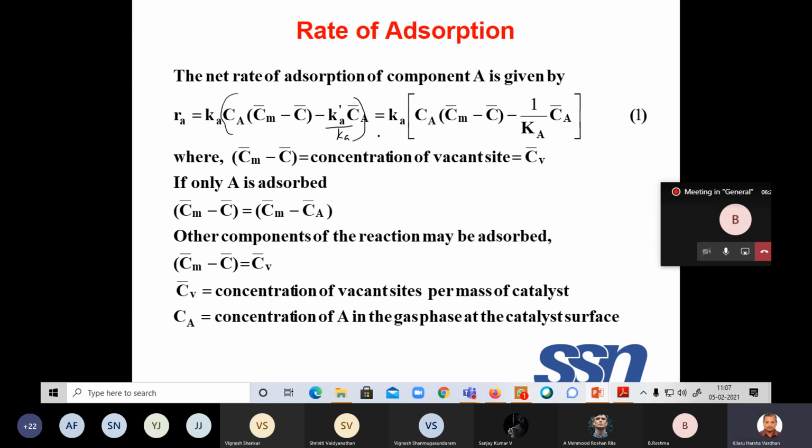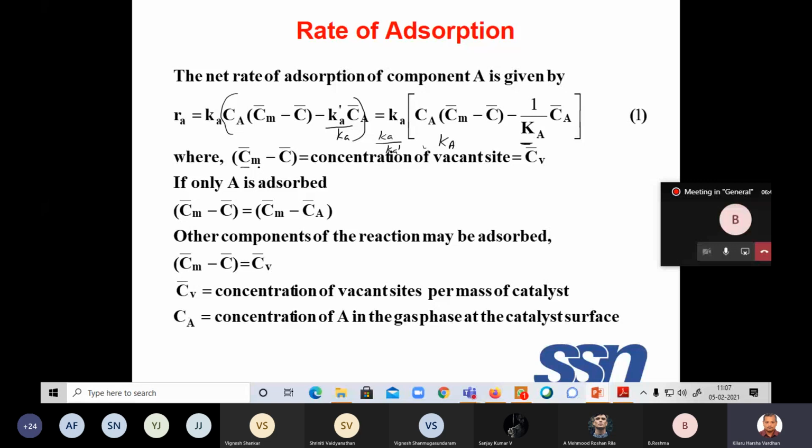Now this thing, Ka by Ka star, I'm taking as capital Ka. Ka by Ka star is the equilibrium constant, but here it is Ka star divided by Ka, therefore 1 by Ka, right? So small Ka I can take out. I can write like this.